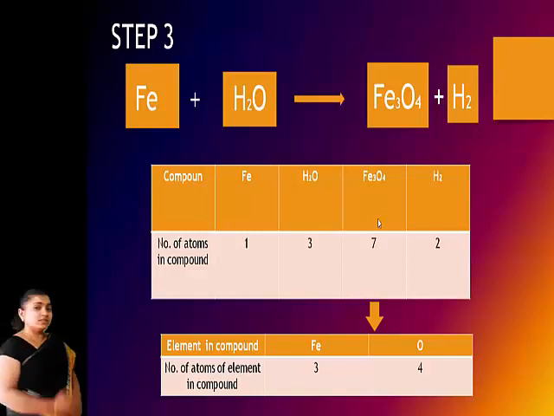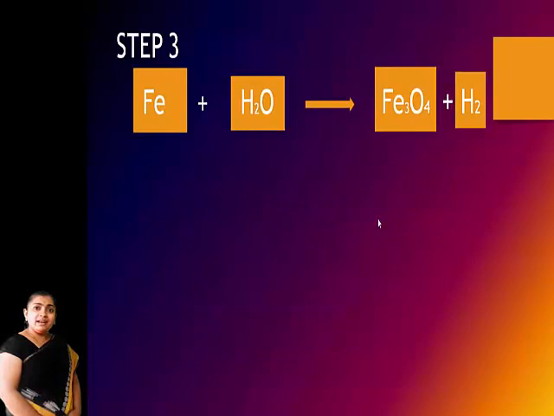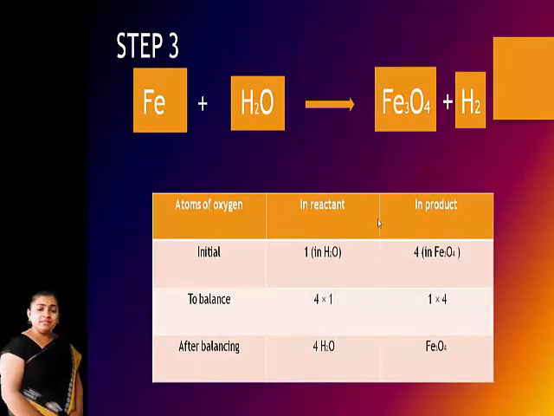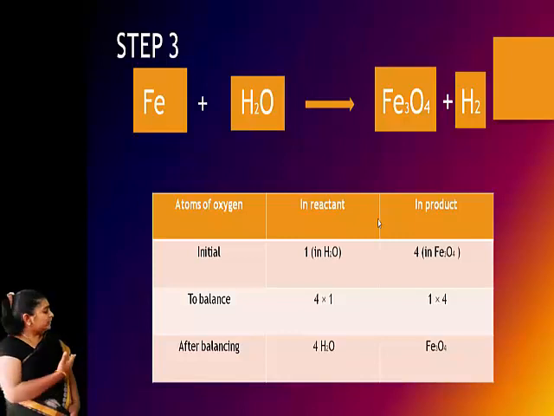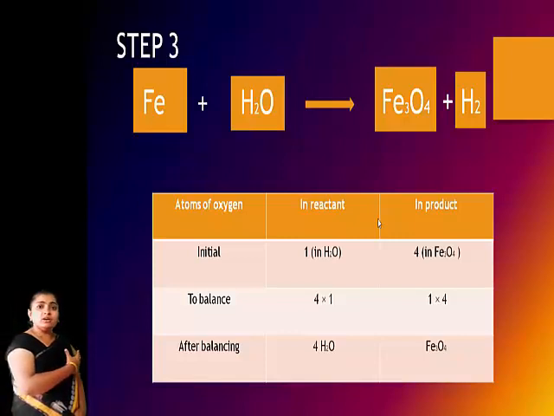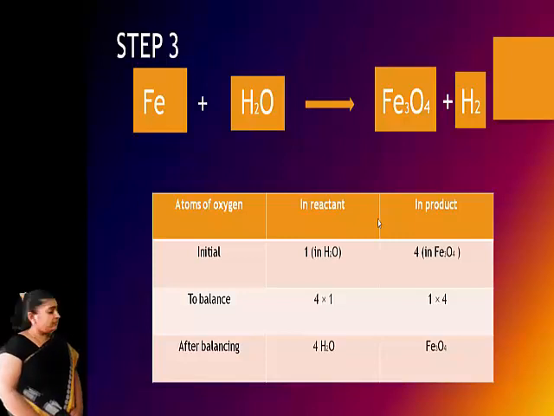So to balance oxygen, we again write the number of atoms present in the reactant and product. In reactant, we have 1 H2O, that means 1 oxygen. In product, Fe3O4, that means we have 4 oxygen.